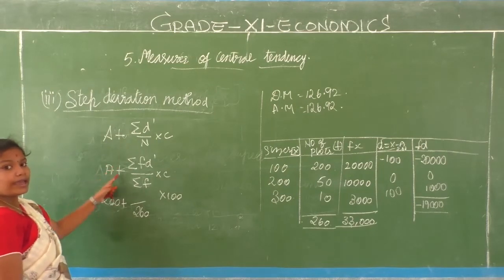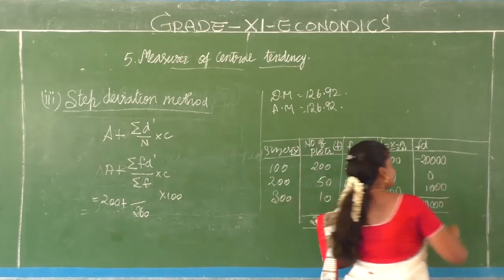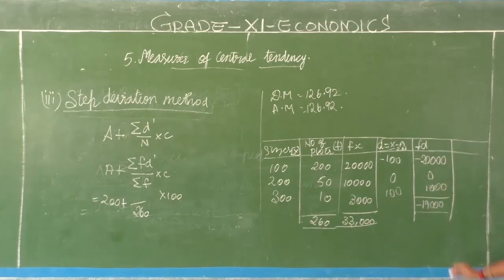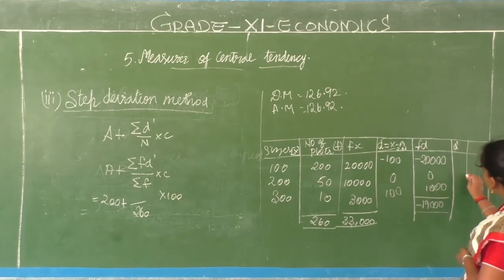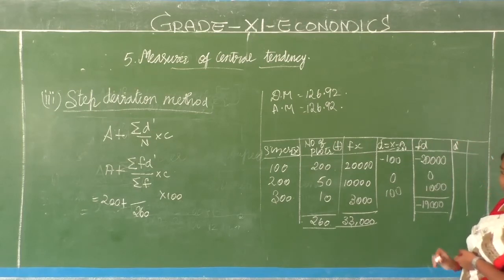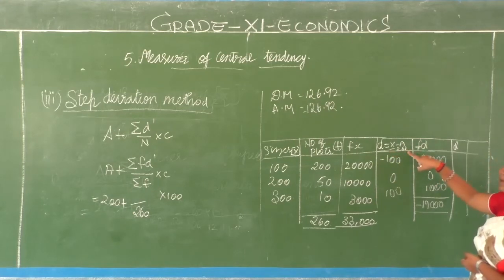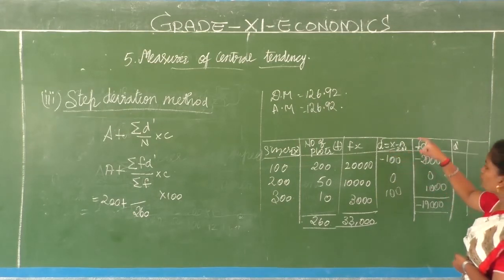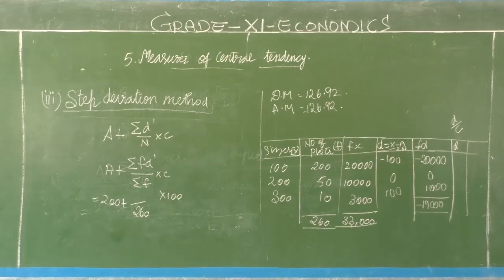Sigma f d dash. For that, what do you have to find? D dash. What are we going to find, children? D dash. How do you find d dash? D by a common factor. This value, okay? D by a common factor will give you the d dash value.